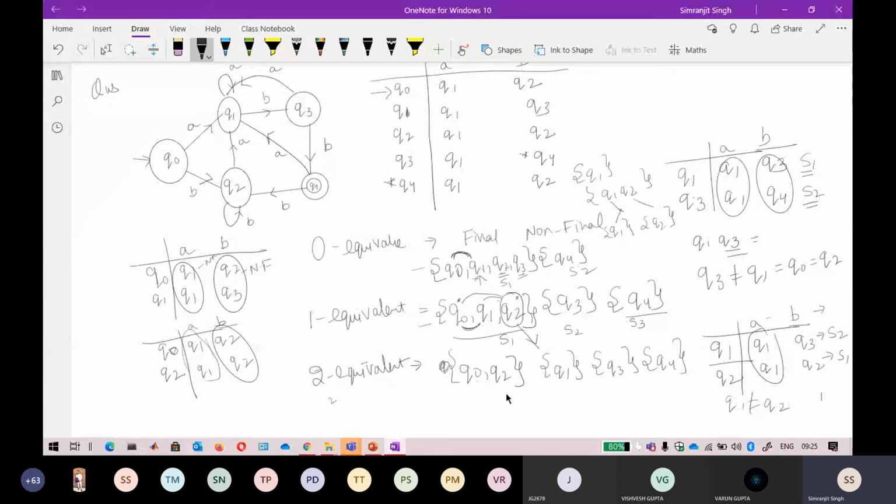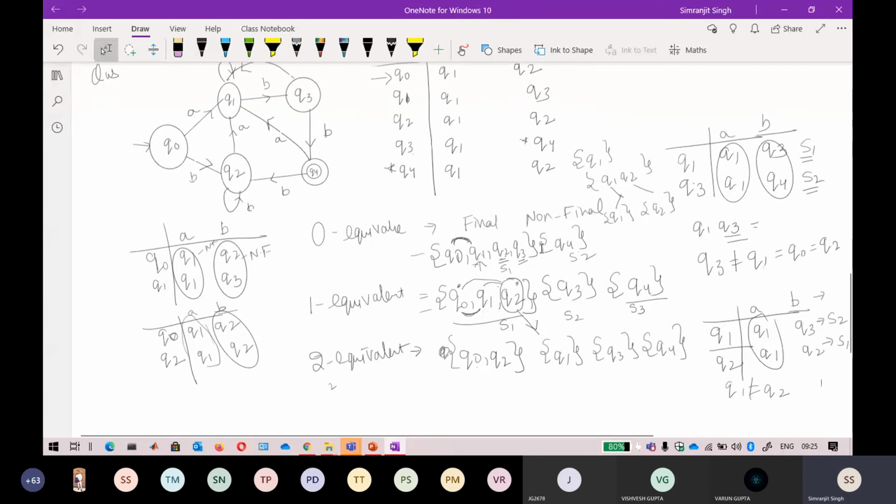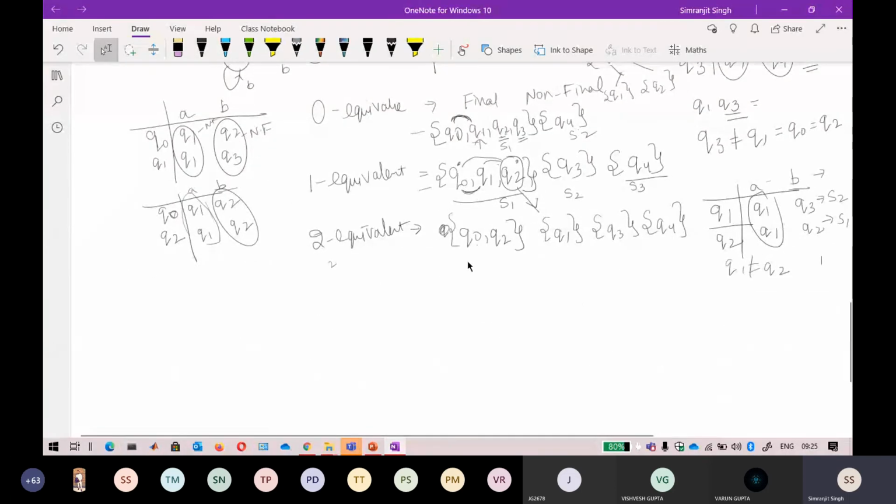Okay, now these are not clearly equal. So again, I will try to break this set also. Okay, so in the three equivalent state, only two sets are remaining, that is Q0 and Q2. So my main motive is, if the set contains more than 3 or 4 elements, I try to break those sets. Okay, so if I am not able to break it, then the result is your final state.